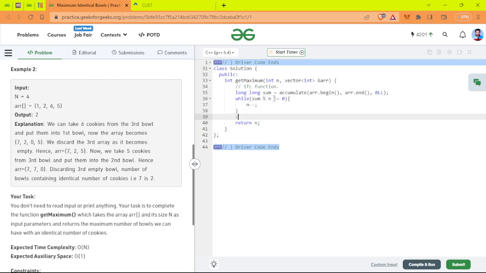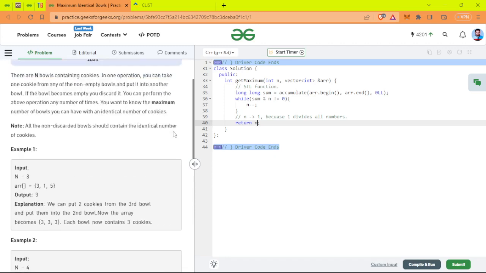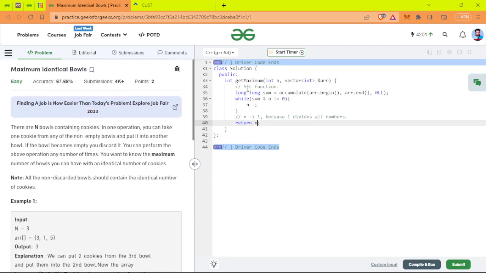So it will always stop at n equals 1, because 1 divides all numbers, right? So it will always halt at n equals 1, and we will return that value. I hope you got the solution. So that was the easy problem, and we made the solution in 5 lines using an STL function.